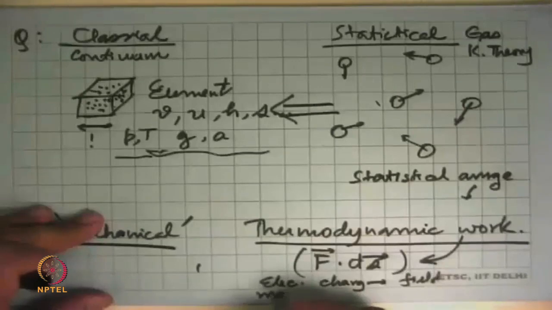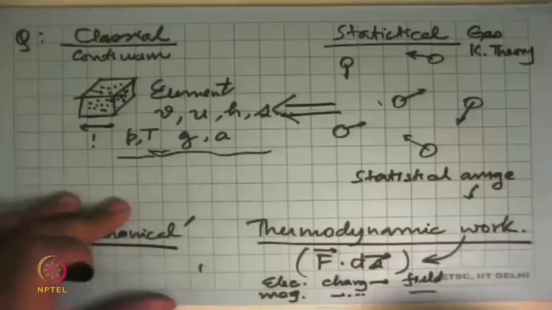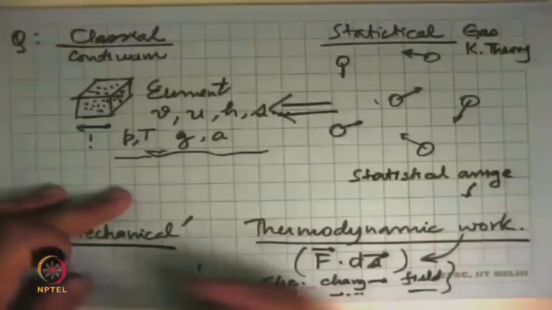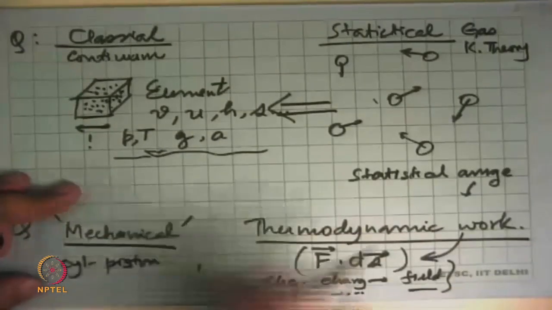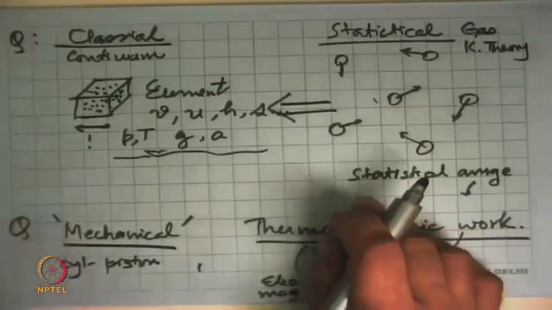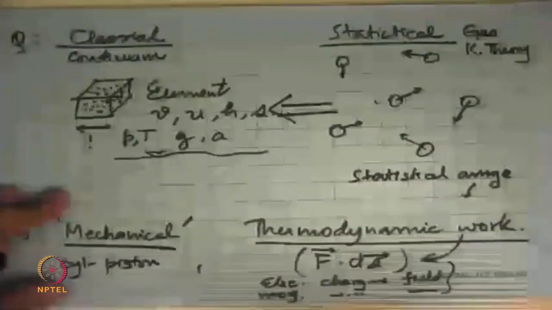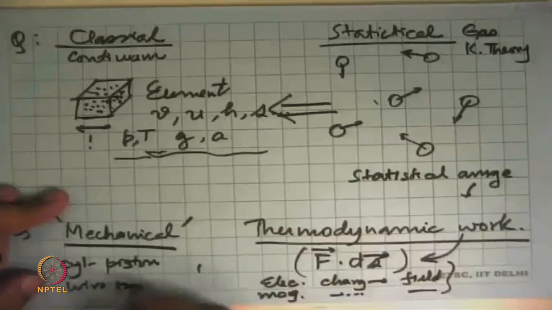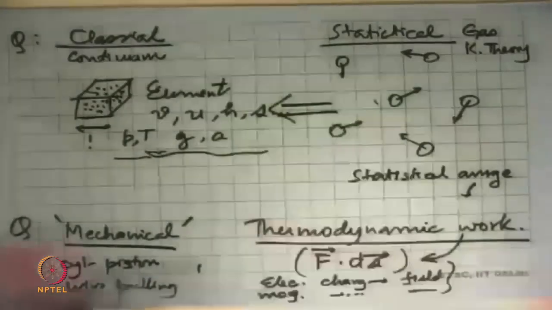We could have magnetic work, a magnetic dipole going in a field, or we could even have the cylinder piston arrangement, where gas is pushing against the piston and doing work. Yes, that we would call mechanical work. Or say the pulling of a wire, or increasing the surface area of a device, say surface tension working to produce work.